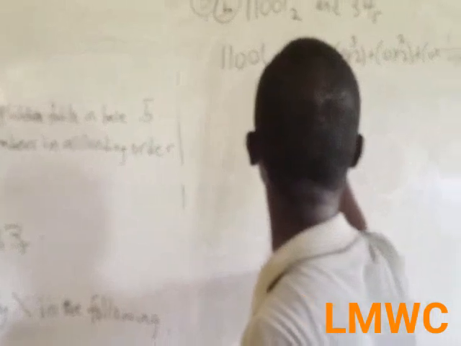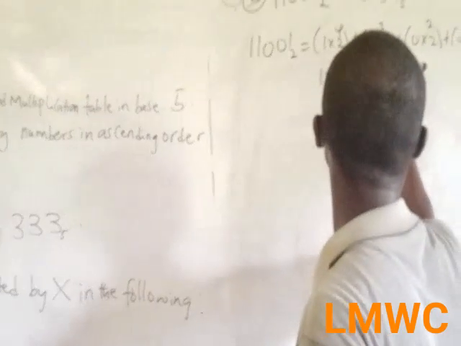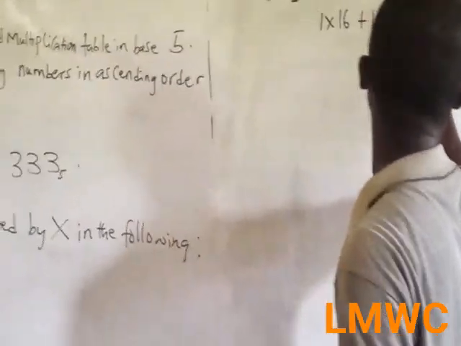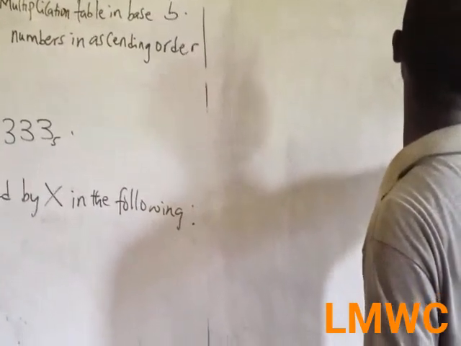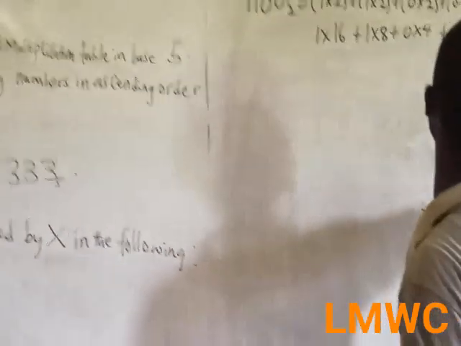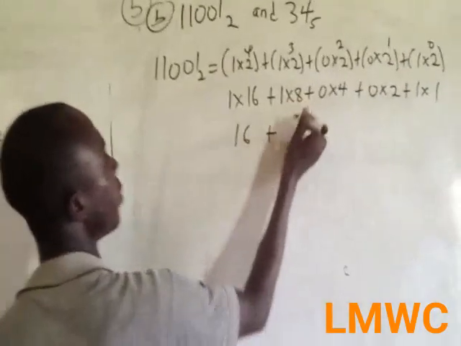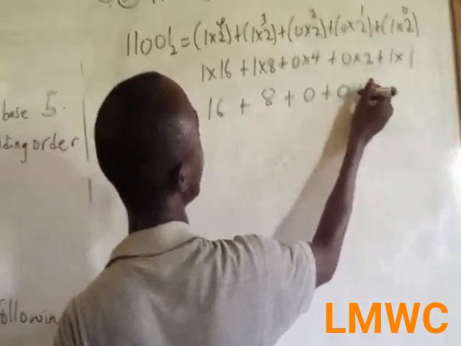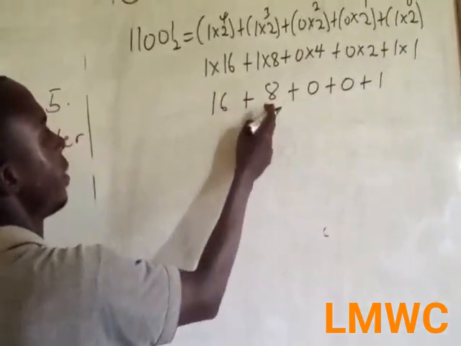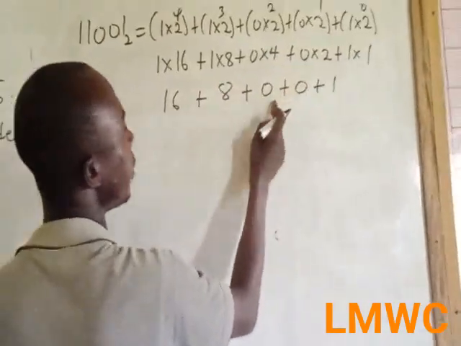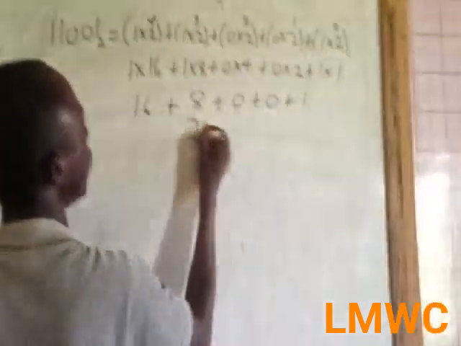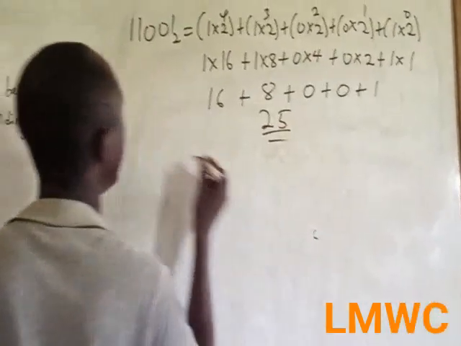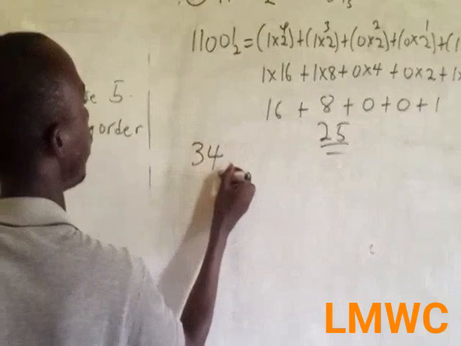So we have 1 times 16 plus 1 times 8 plus 0 times 4 plus 0 times 2 plus 1 times 1. 16 plus 8 is 24. 24 plus 0, 24 plus 1, 25. I have 25 here.